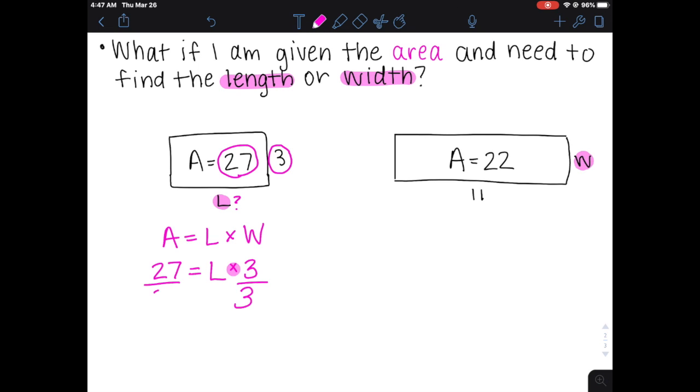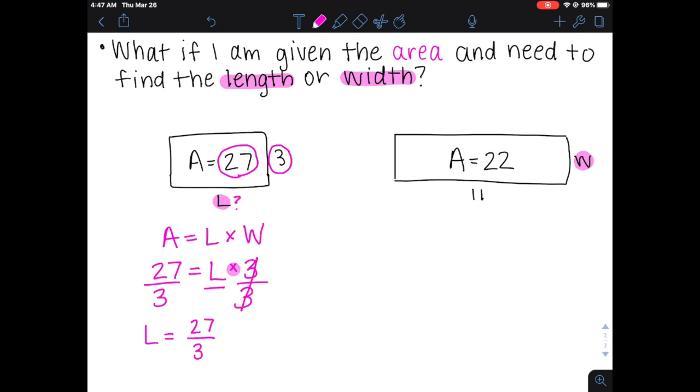So if I do that to one side of the equal sign, I've got to do it to the other side. We know that 3 over 3 is the same thing as 1 whole, so I can get rid of this fraction, and that's basically just leaving me with L times 1, length times 1, which is the same thing as just L by itself. So I'm going to flip that to the other side. Okay, so I'm just going to flip this around.